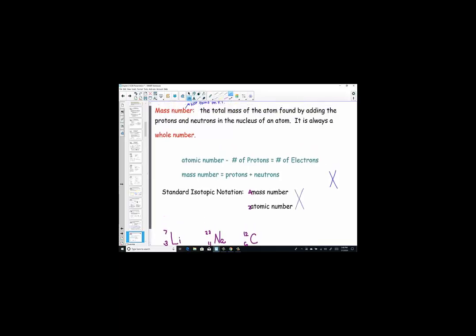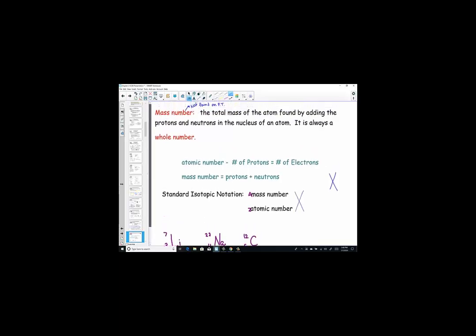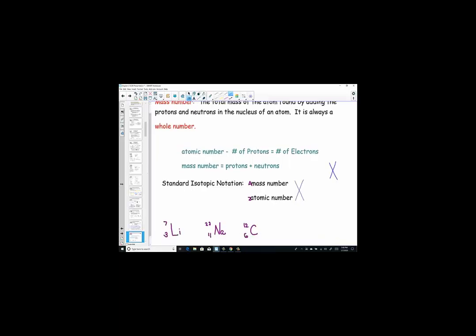Any element, let's just use a general symbol X. X represents any elemental symbol. Up high as a superscript, we are going to put its mass number. The little symbol there was A for mass number, but I'm going to choose to write the words so you remember what they stand for.